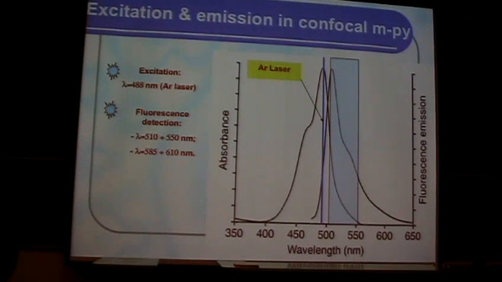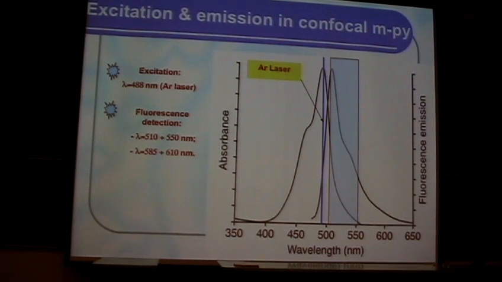So since the time when Minsky first proposed the confocal microscope that we just discussed, there have been many developments in the confocal imaging techniques, and in particular it's useful to use fluorescent dyes in order to enhance contrast in this imaging technique, and therefore improve the imaging capabilities.